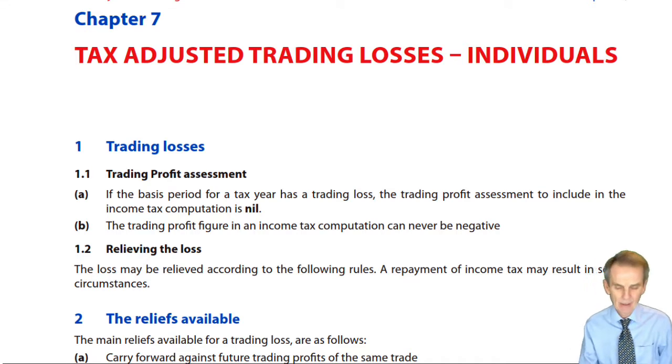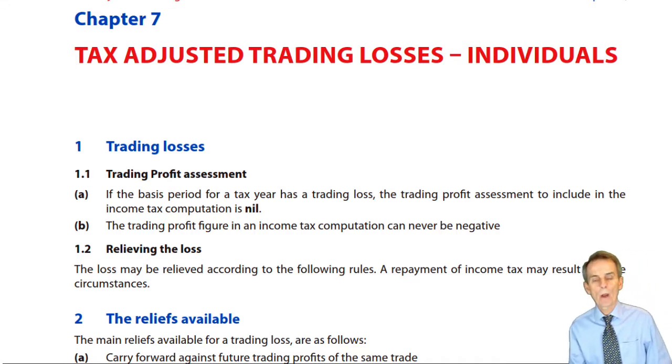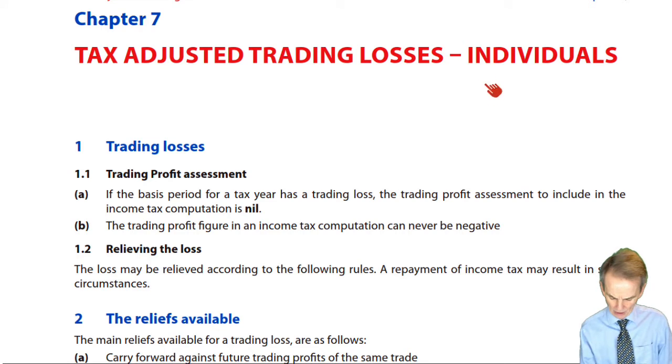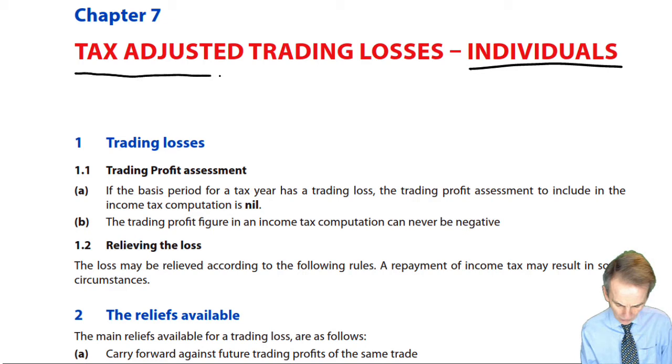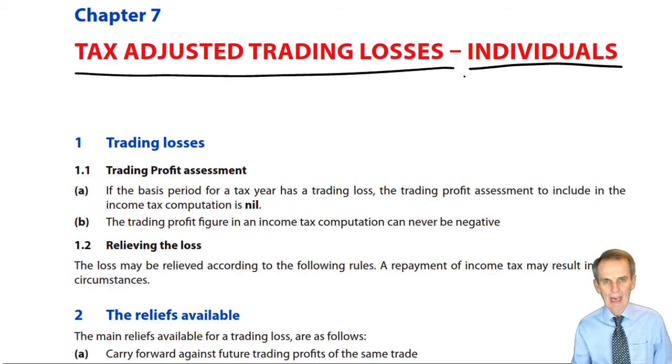So it's here now in chapter 7 where we deal with unincorporated traders, i.e. individuals, and we establish for that individual, firstly, what tax-adjusted trading loss has arisen, same as you did in chapters 4 and 5, adjustment of profits.